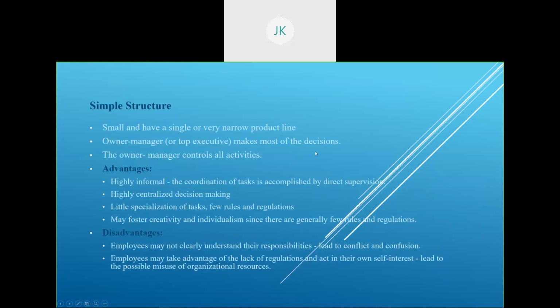Simple structure: from the word, it is just simple. When the size of an organization is small, usually they produce a single or a very narrow product line, one or two.